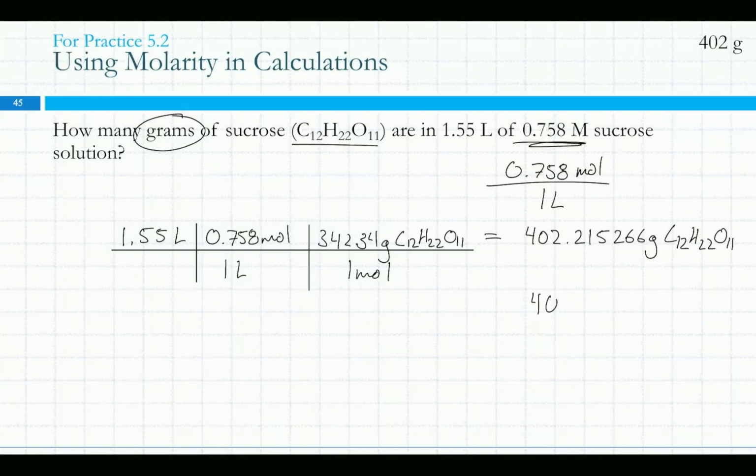Then report the answer with correct sig figs. So molarity is just a conversion factor, converting between liters and moles. Any questions?